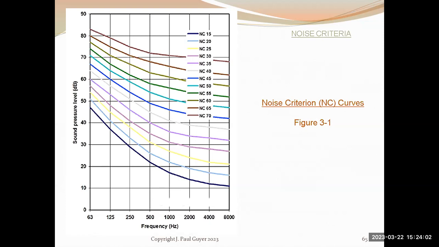And these are curves which, when plotted of frequency to sound pressure level, they look like what you see here. Sound pressure level on the vertical, well, actually the horizontal axis is from 0 to 90 in this illustration.